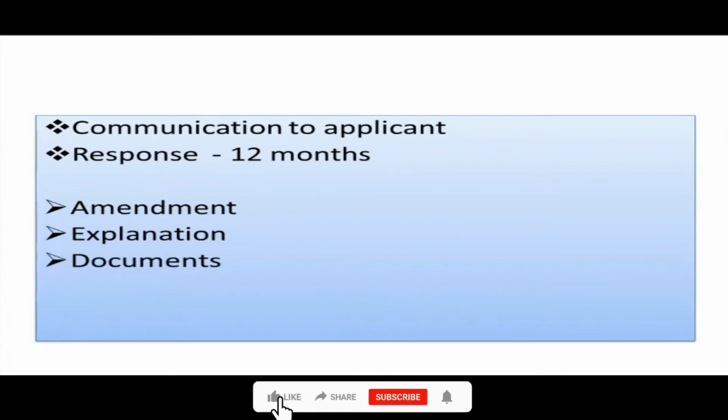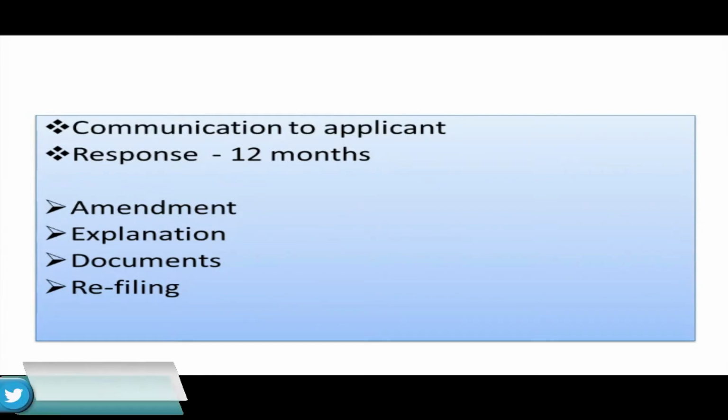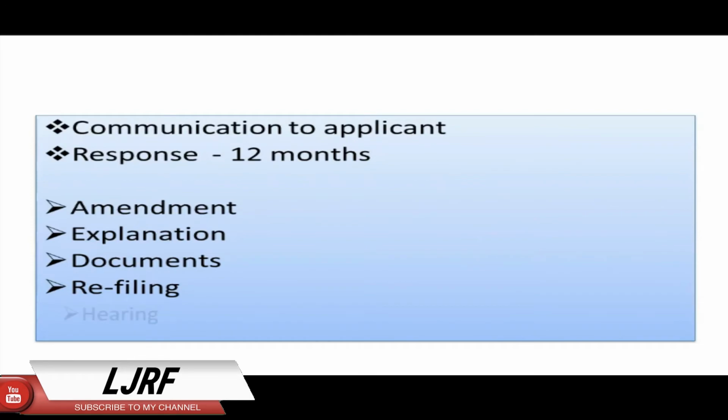It will be something like a court proceeding, a quasi-judicial proceeding, and it's possible for you to go for a refiling. All these are possible once you get an objection from the patent office in the form of an examination report. All these are possible, but with one important condition: it should not change the basic substance of the patent, the invention.